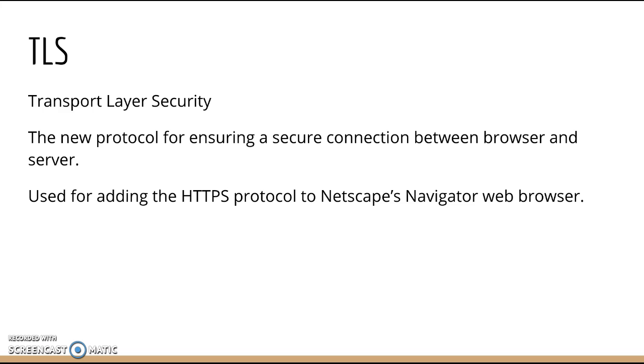But I just had a little tidbit at the bottom that TLS was used for adding the HTTPS secure protocol to Netscape's Navigator web browser. The significance of that is Netscape was the original designer, if you will, of SSL, which was the predecessor to TLS.